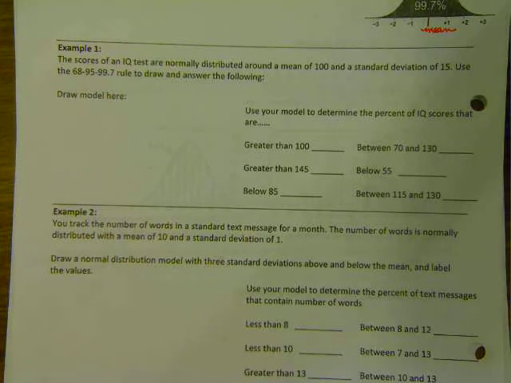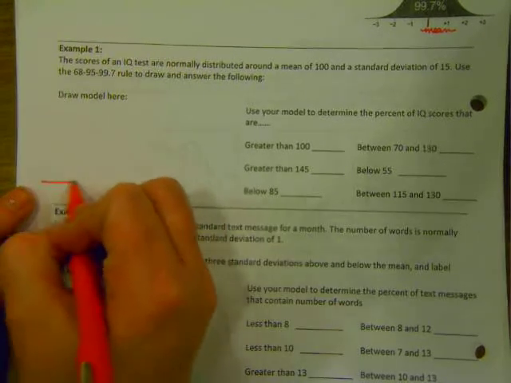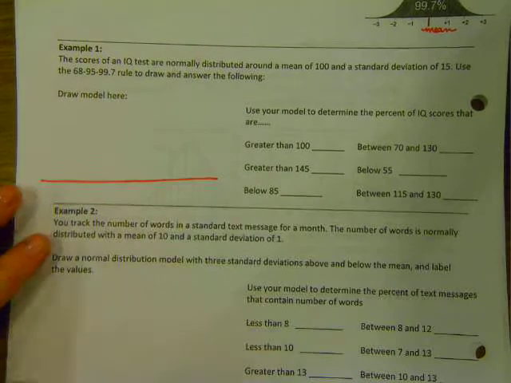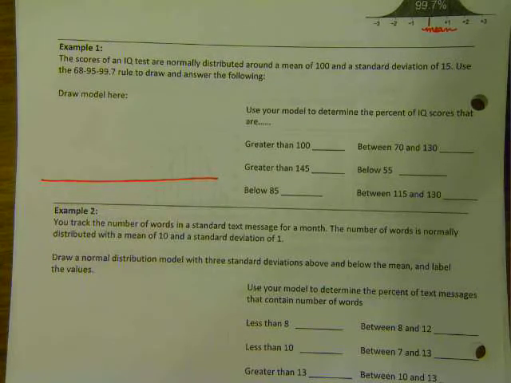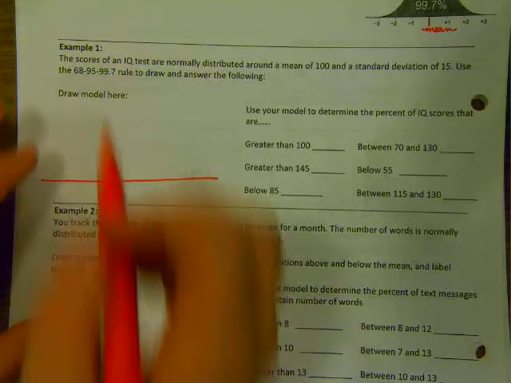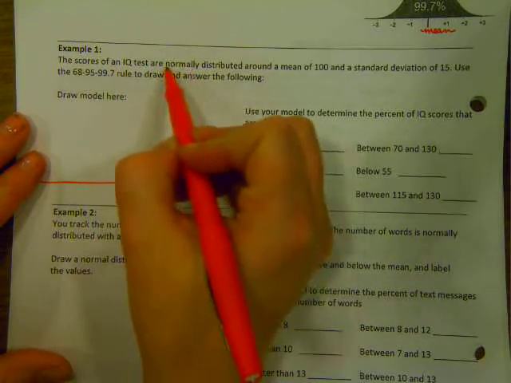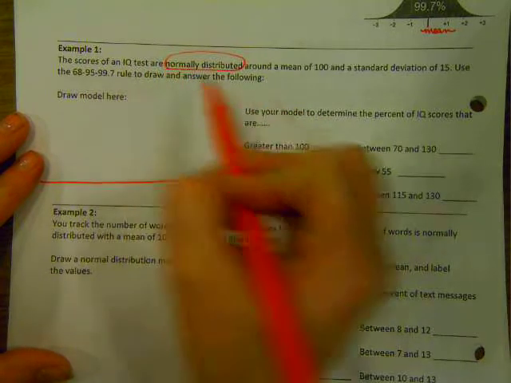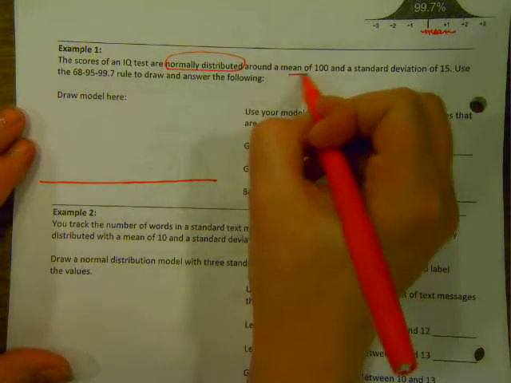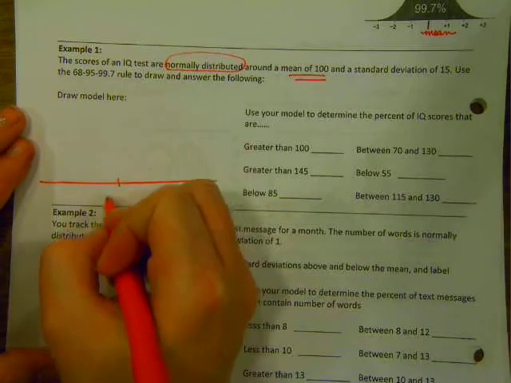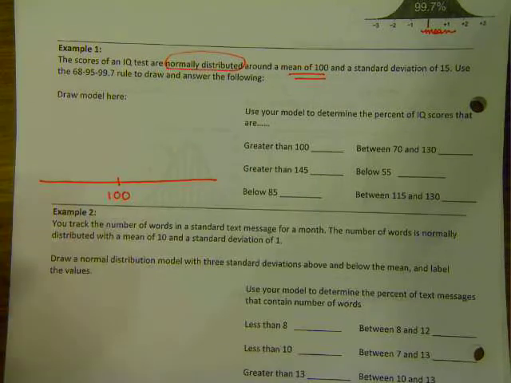First thing you must do is draw your number line, and you always put your mean in the middle. Since it says here the scores of an IQ test are normally distributed, that's how I know I'm drawing this model around a mean of 100. So this mean will go right here in the middle.